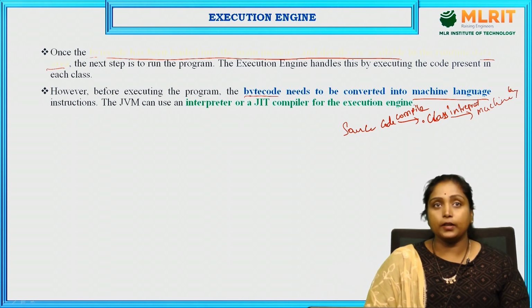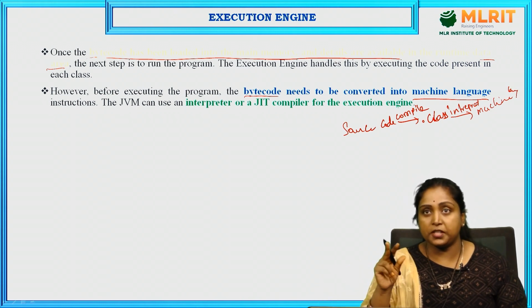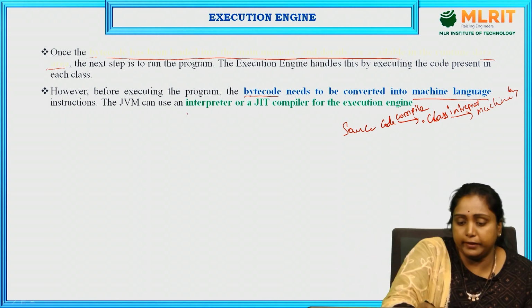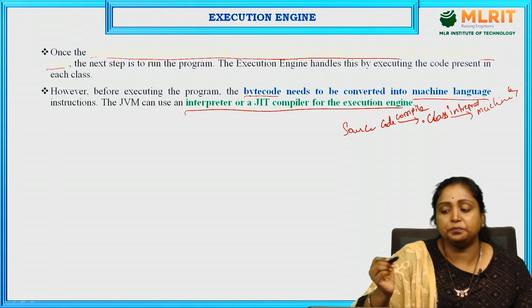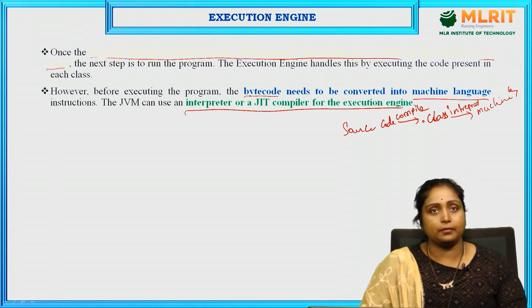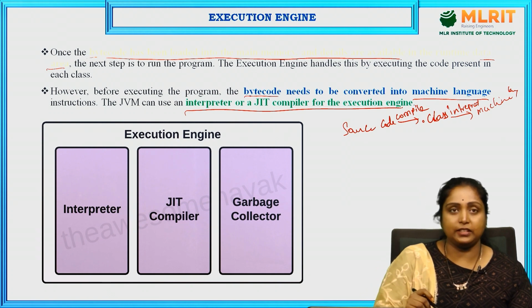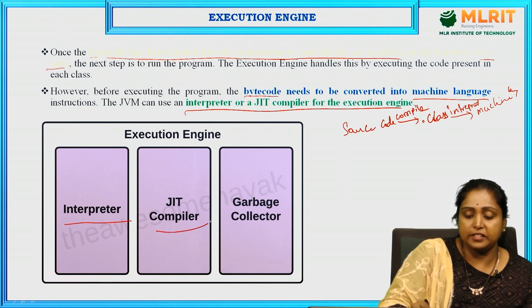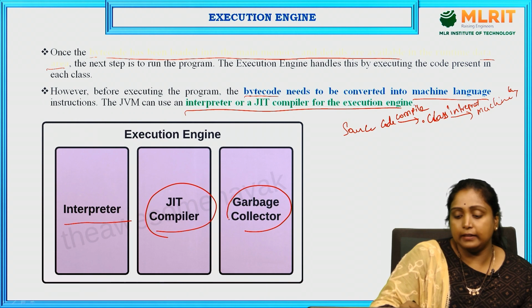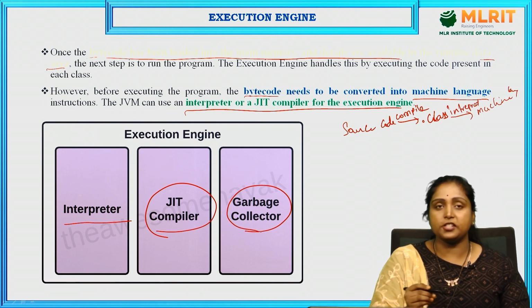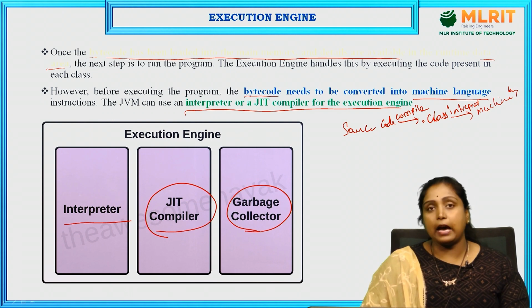In order to change the .class file to machine code, we use the interpreter or the JIT compiler in the execution engine. The execution engine has three parts: the interpreter, the just-in-time compiler, and the garbage collector.